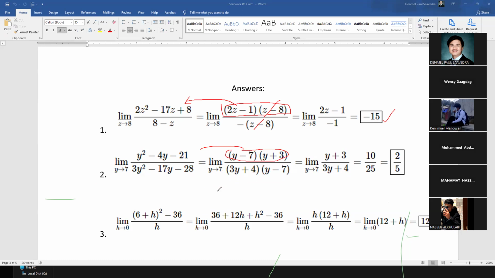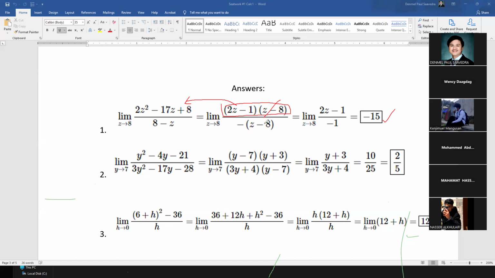Unfortunately, when it comes to factorization, there's really no pattern. Well, maybe there is once you have experienced that kind of problem. That is why, as in our engineering math a while ago, factorization needs practice. You really need to practice a lot to know how to factor this out and how to make this equation into something like this.